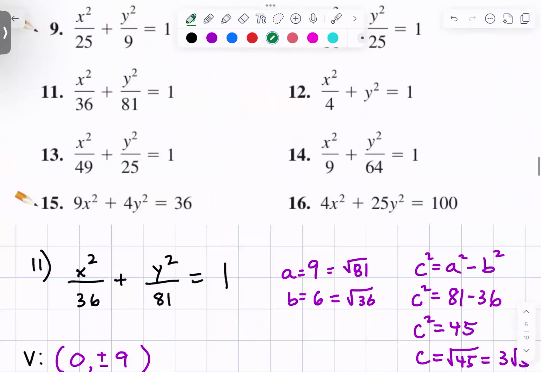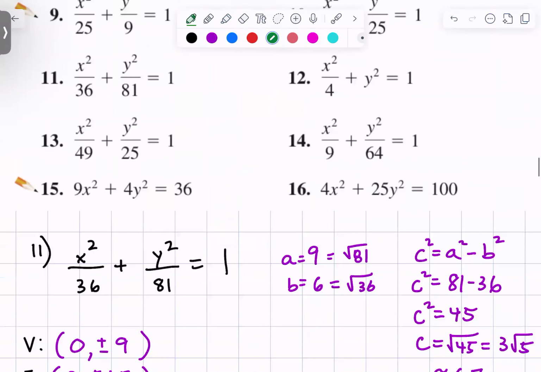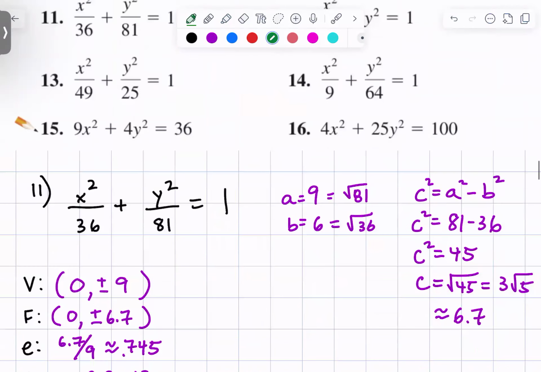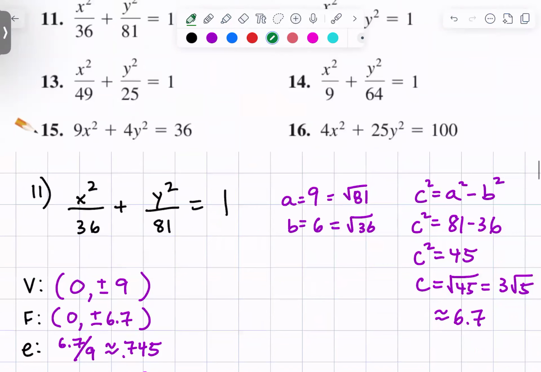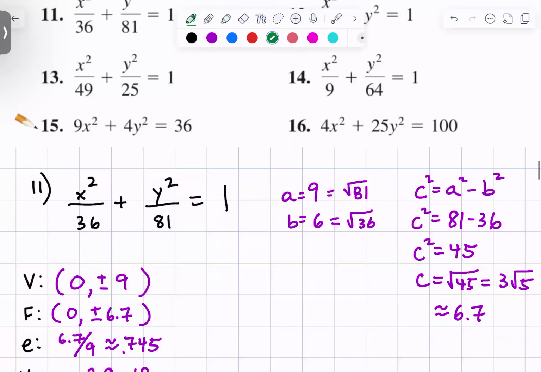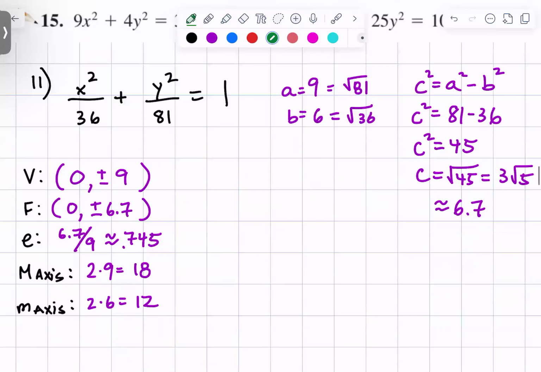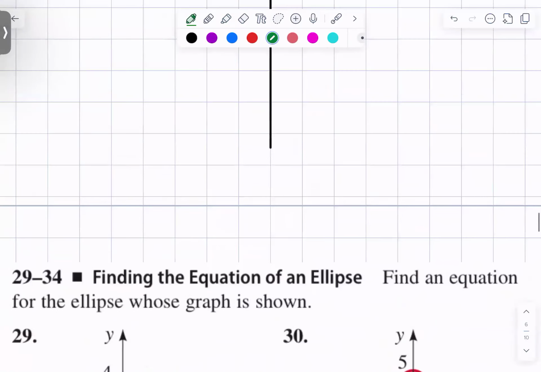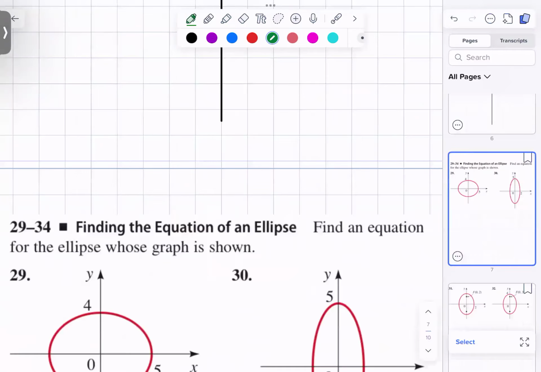Let's try number 15. 9x squared plus 4y squared equals, no, let's try number 16. 4x squared plus 25y squared equals 100. I gotta add 2 more pages.